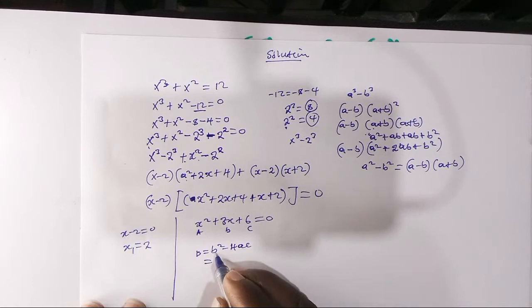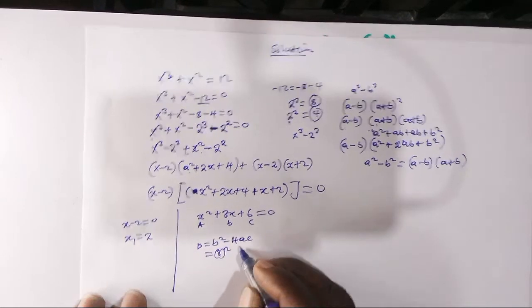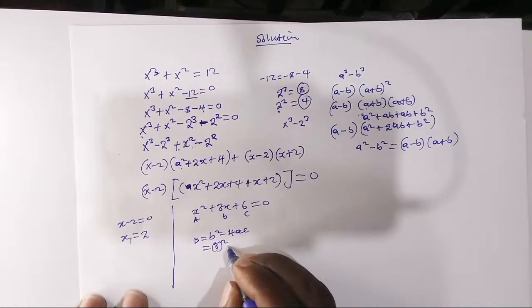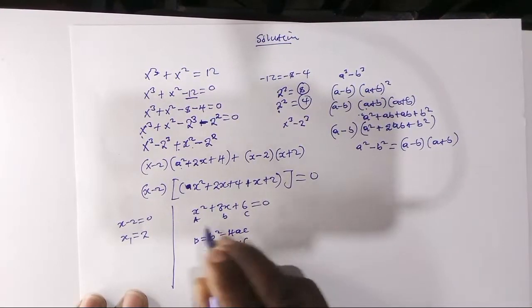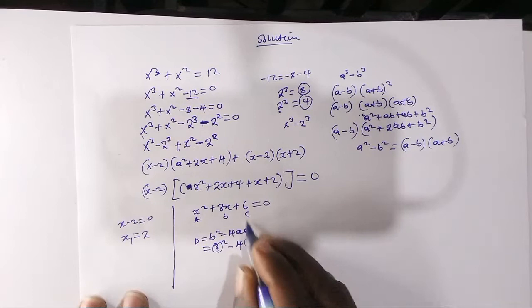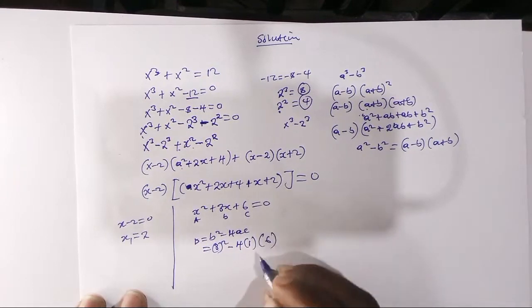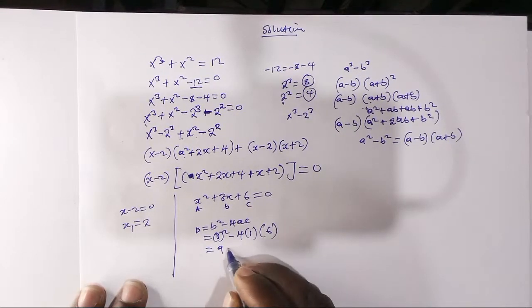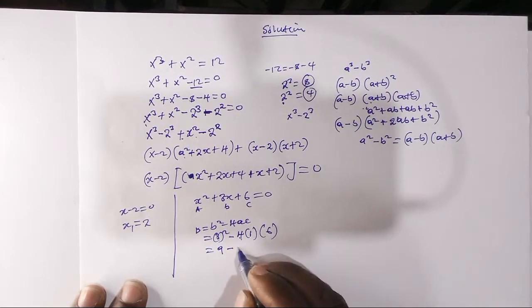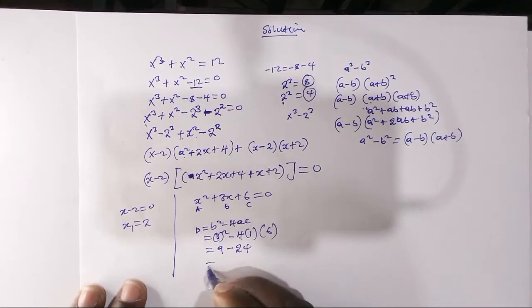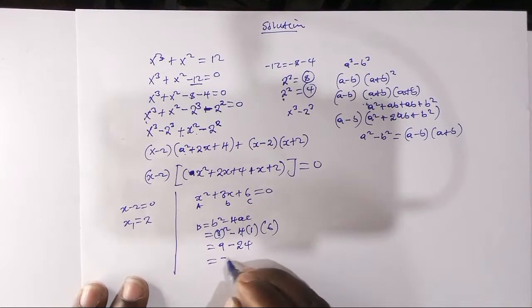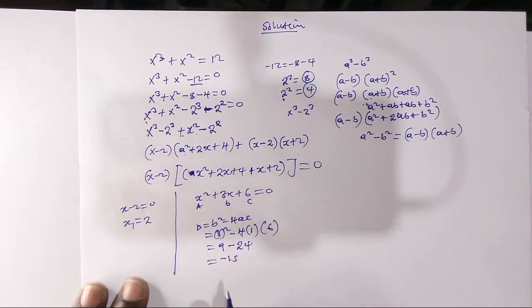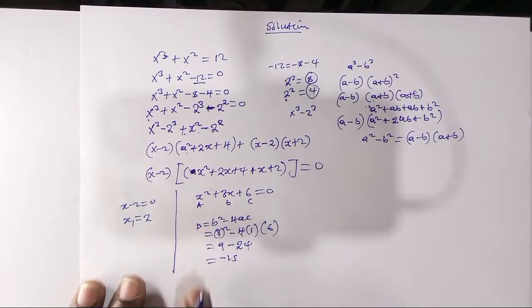Then b we have 3, which is 3 squared, minus 4, for a we have 1 here, then for c we have 6. So 3 squared is 9, minus 4 times 6, which is 24. Then 9 minus 24 is minus 15. So we have found that this quadratic equation has no real root.